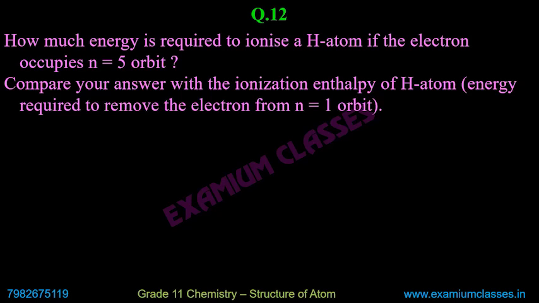So we will get the energy in joules, and then we will calculate the ionization energy from n equal to 1 orbit, and for comparing we will divide the first answer by the second answer.